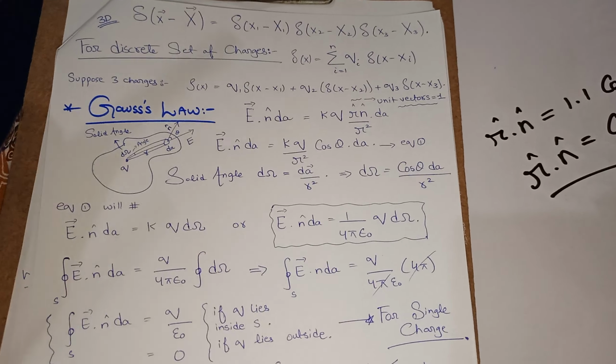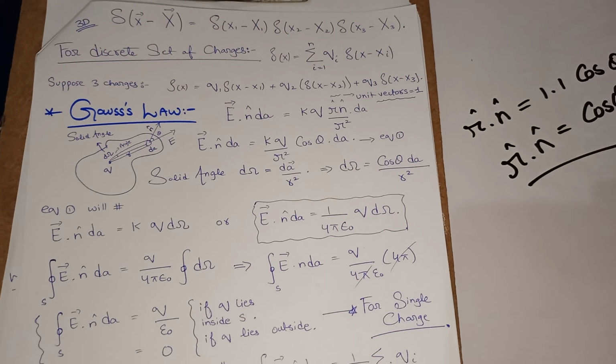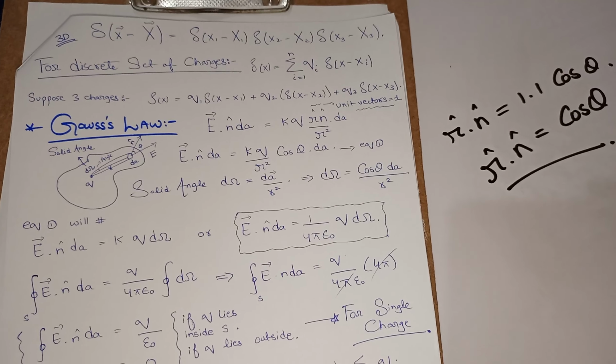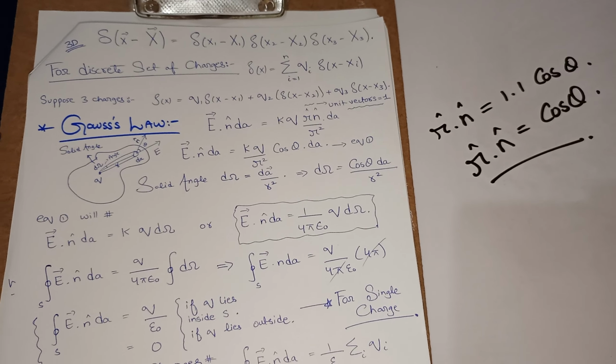As we introduced solid angle, you must know what the solid angle is. The definition of solid angle is the unit area divided by the distance square between them.